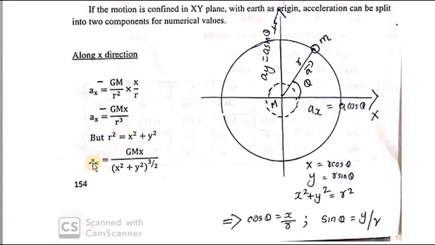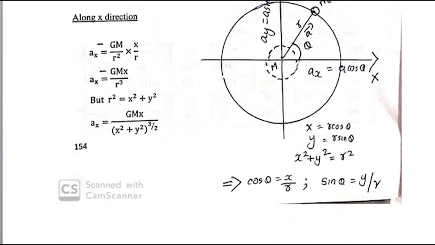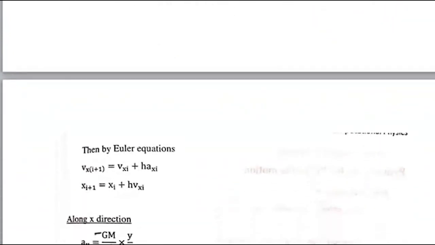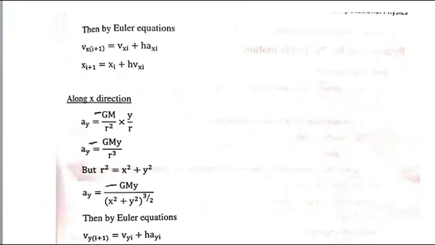So ax is equal to minus GMx by (x squared plus y squared) to the power 3 by 2. From that acceleration along the x direction, I can find the velocity and position coordinates along x using the Euler method that you generally use.